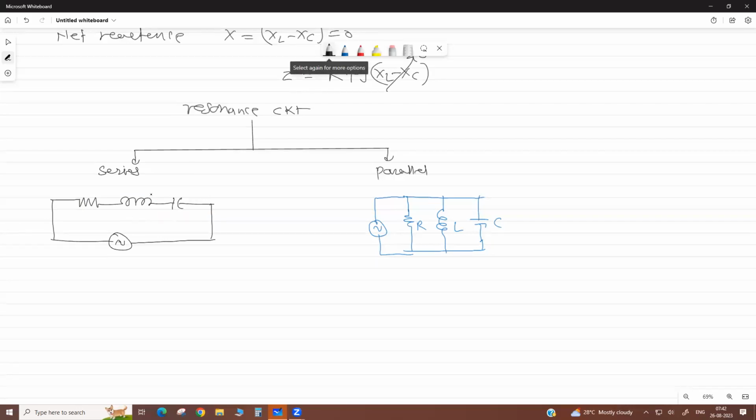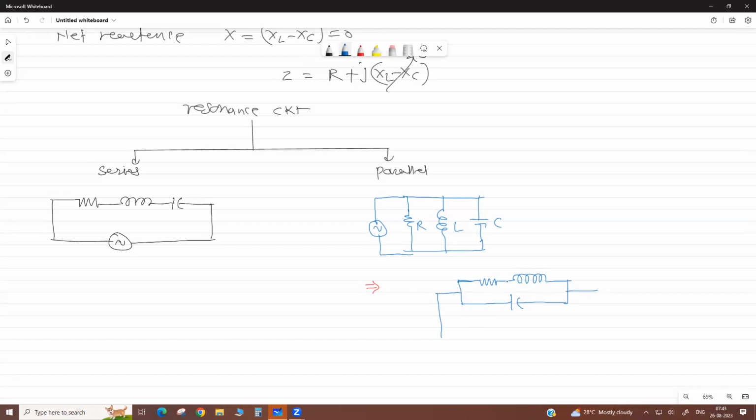Similarly, in a series resonance circuit, there is the resistance of a practical coil in series with the inductor, and your capacitor is pure. This also forms a resonance circuit, and now they are connected in parallel.